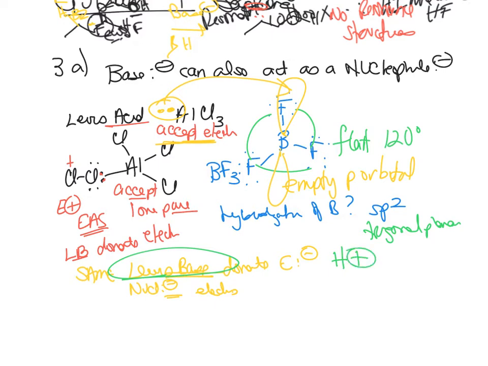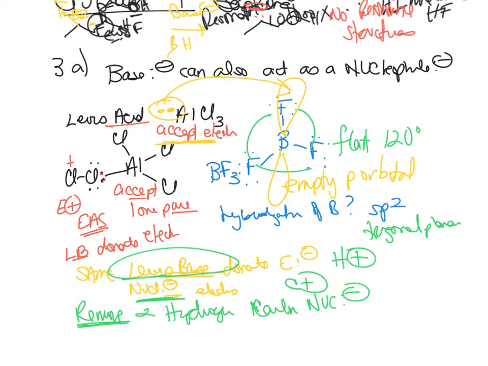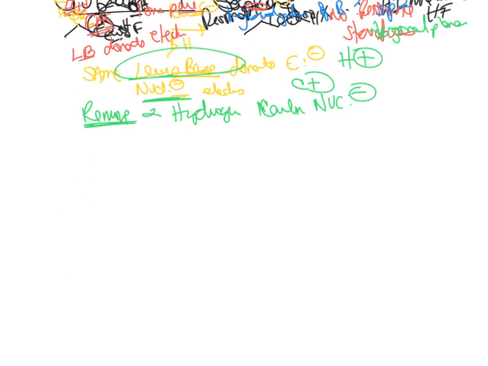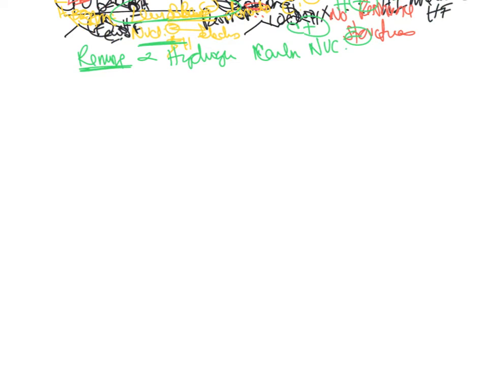But when we think of a nucleophile, it's donating its electrons to carbon. And this is going to be important because when you remove that alpha hydrogen, that acidic proton, you create a carbon nucleophile. Okay, you're creating a carbon nucleophile. And that's what you're going to see here in 3C.